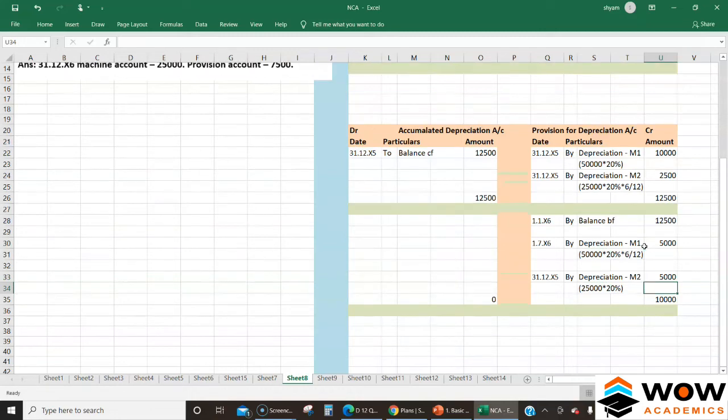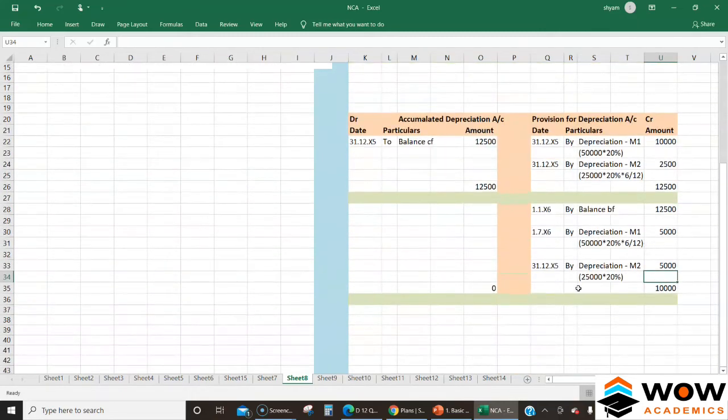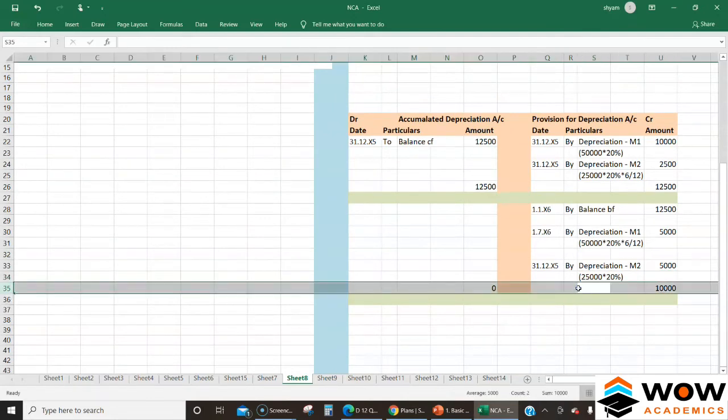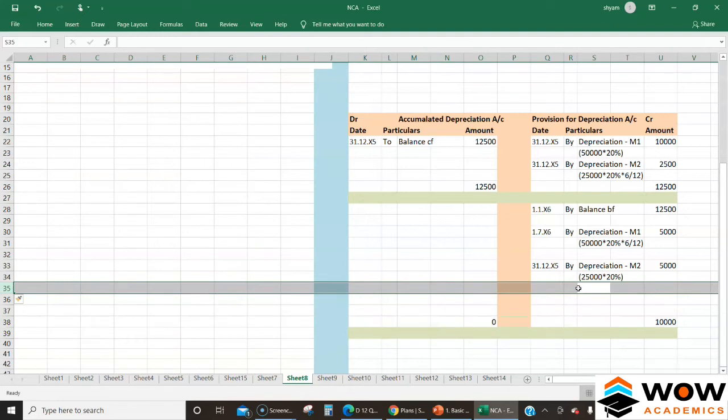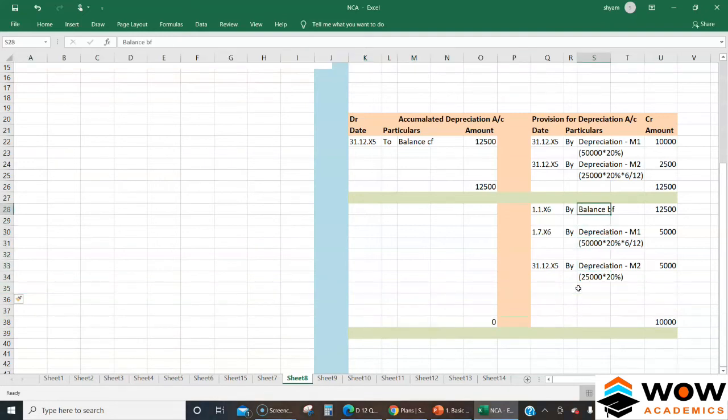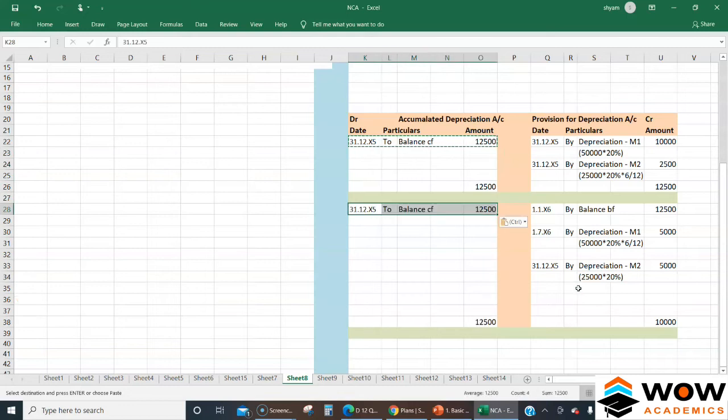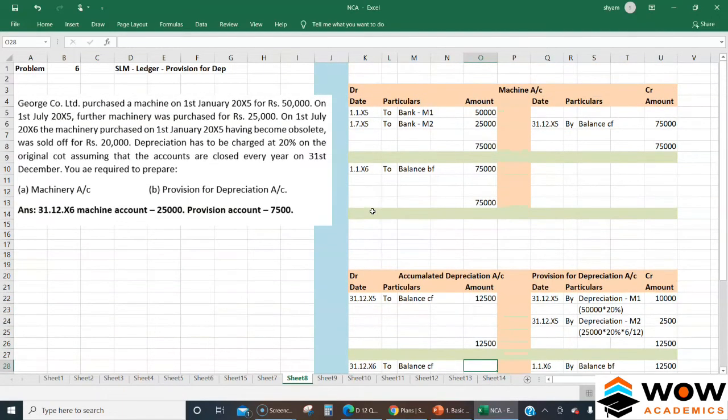Now, as the machines are being sold, we'll also put the balancing figure. We don't need to balance it now, we'll just have it as a placeholder. We'll start with the machine.